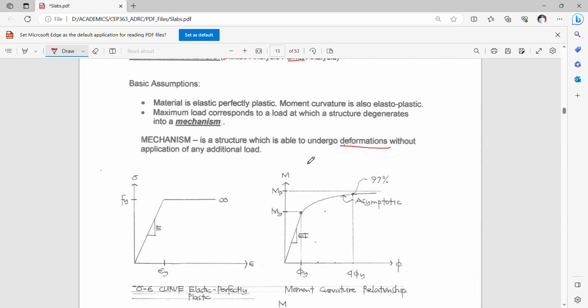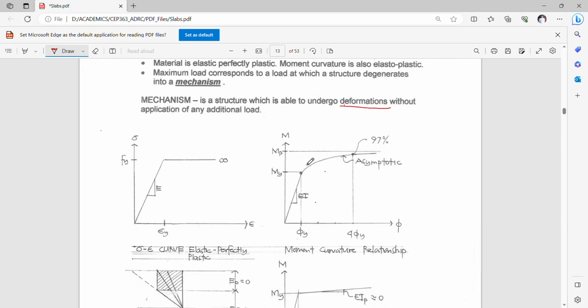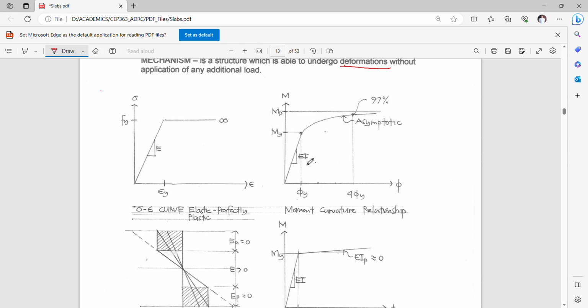Okay, so if we draw now a stress strain scenario that defines elastic perfect plastic.